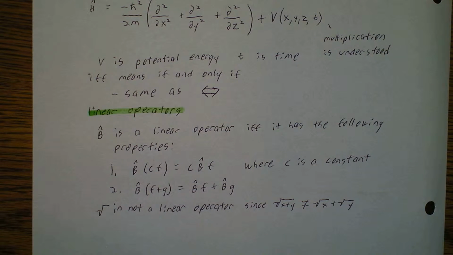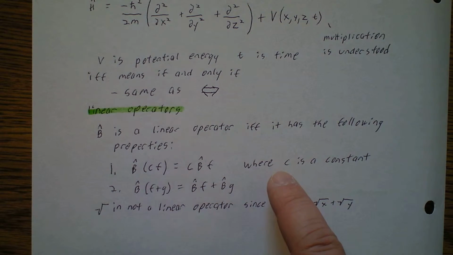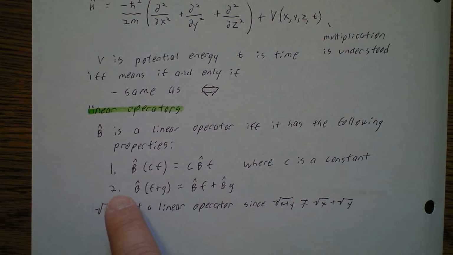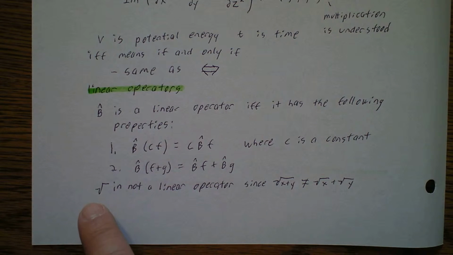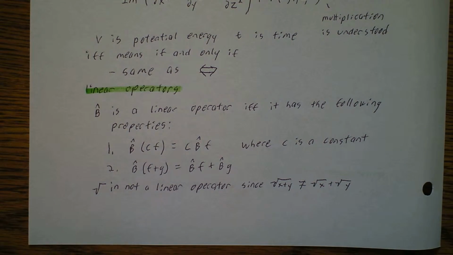B hat is a linear operator if and only if it has the following properties. 1, B hat of c f is equal to c B hat of f, where c is any constant. And 2, B hat of f plus g is equal to B hat of f plus B hat of g. Now the square root operator is not linear, because the square root of x plus y is not equal to the square root of x plus the square root of y.